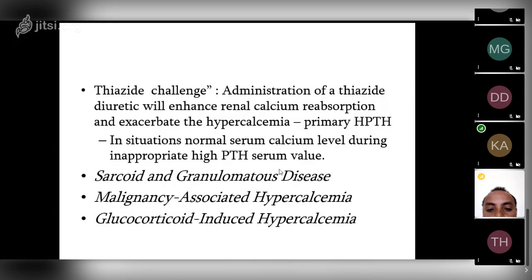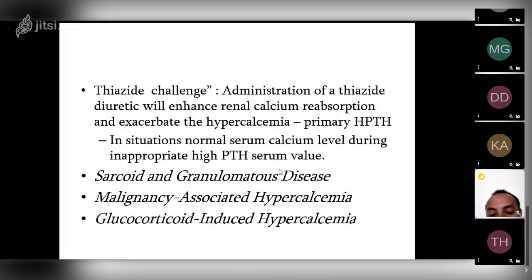In this situation, there is a normal serum calcium level with an inappropriate parathyroid hormone level. In resorptive hypercalciuria, there are different diseases associated with this: sarcoid and granulomatous diseases, malignancy-associated hypercalcemia, and glucocorticoid-induced hypercalcemia.